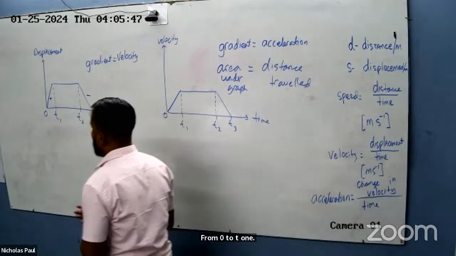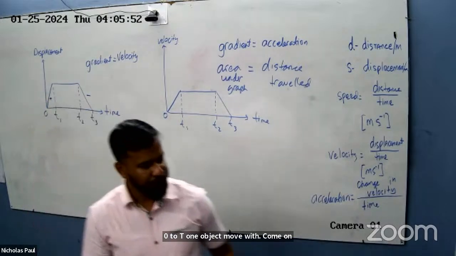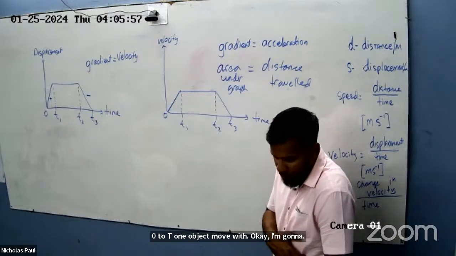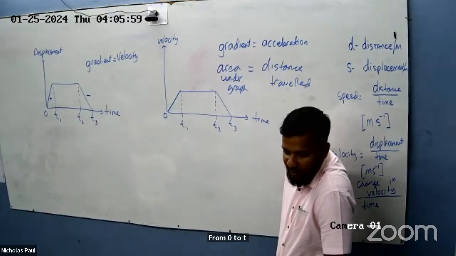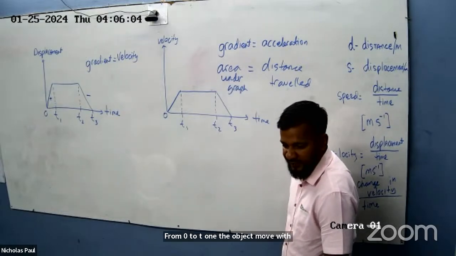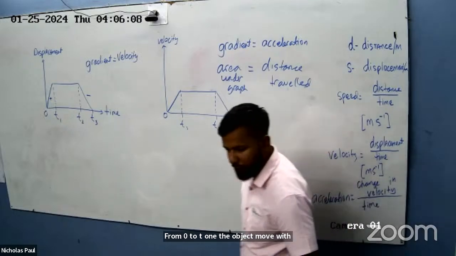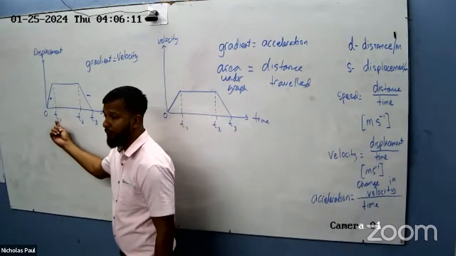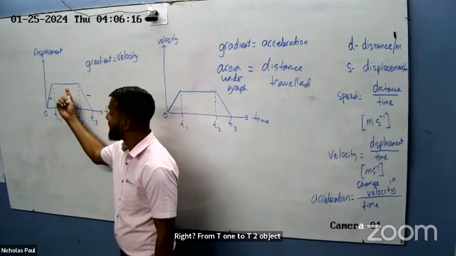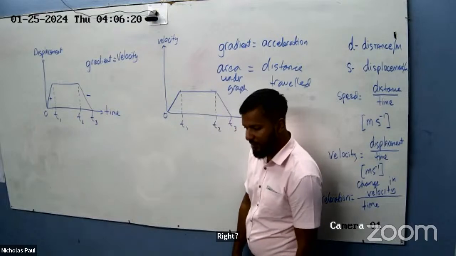From 0 to T1, the object moved with constant velocity. Right? From T1 to T2, the object was stationary. Right? Here is stationary. From T1 to T2, the object was stationary.